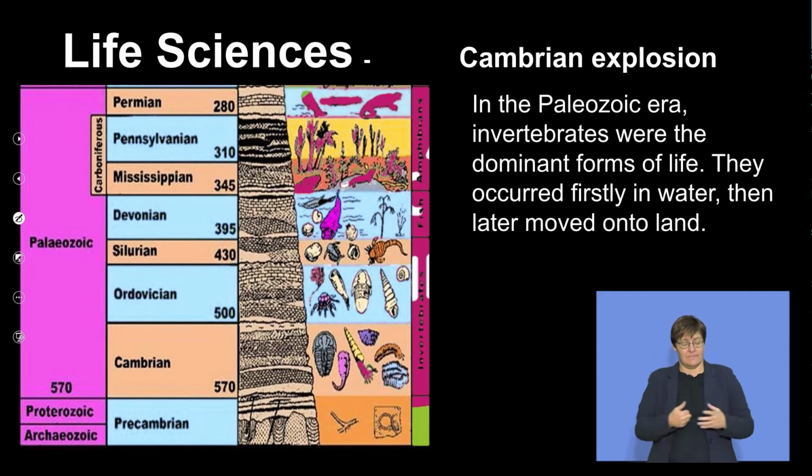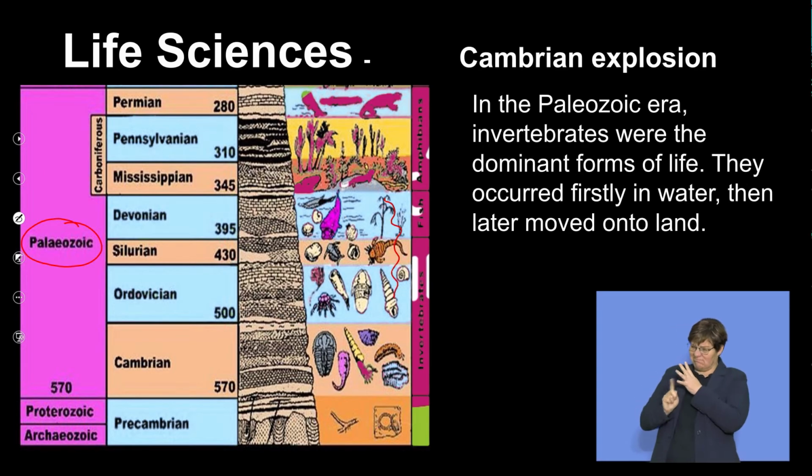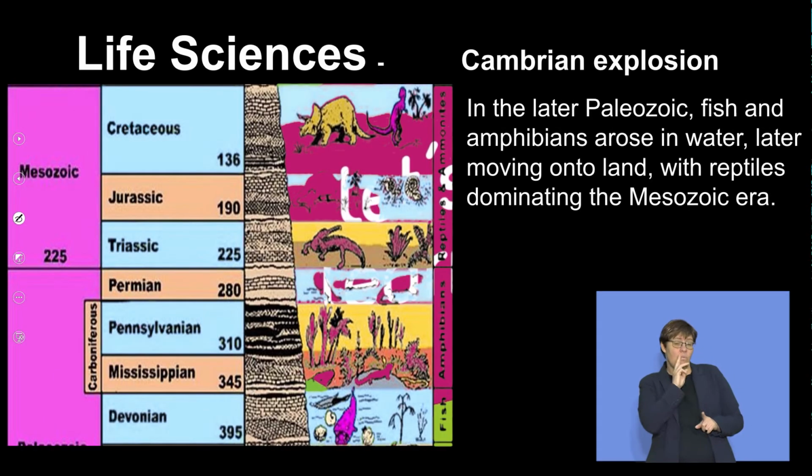Okay, so if we look purely at the Paleozoic era, all the life forms here, right at the bottom, are mainly invertebrates. And the invertebrates were first found in water, and then they later moved onto land.